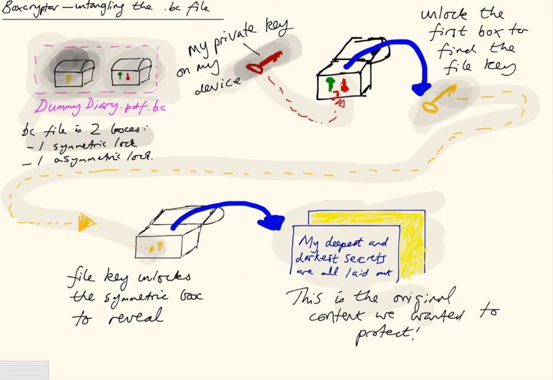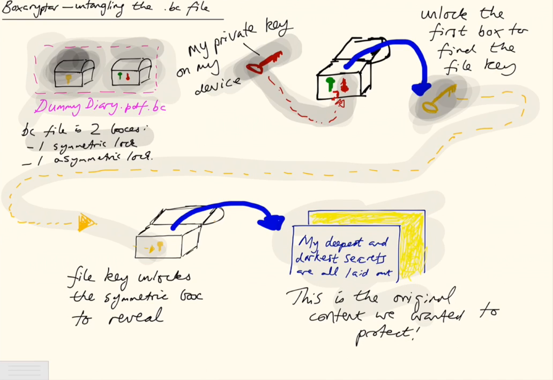So we take the private key, and if we pop it in the lock of the second treasure chest, the box opens up and out pops the file key. Now, the file key is basically the key that is used to unlock the first box, and the first box contains our original text that we want to view.